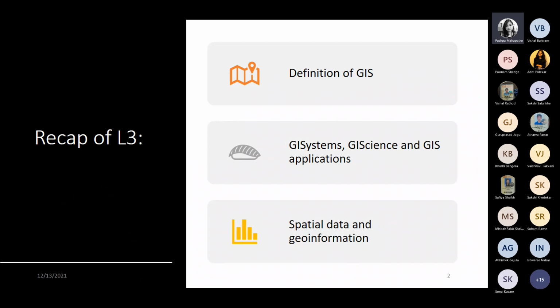How many steps are there in GIS definition? 4 steps. First is data capture and preparation, second step is data management, third is manipulation analysis, and fourth is data representation. Okay, so these are the 4 steps using which we define GIS.